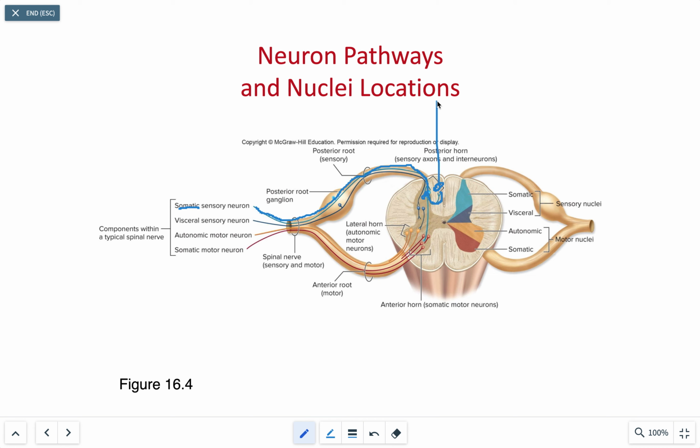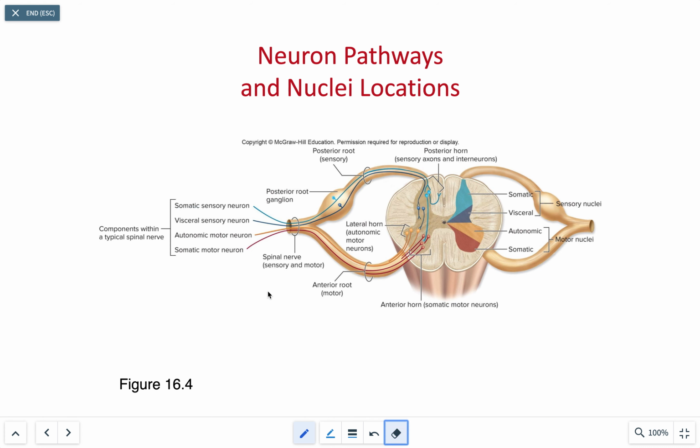That information is going to go up to the brain, and eventually it's going to come down, a descending pathway, and target that particular neuron with an action potential. That action potential will then leave through the somatic neuron and eventually go into an effector. So you can think of this as a pathway system.